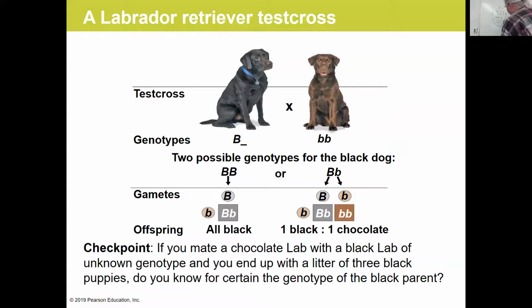If this was big B over here, like to the left on the PowerPoint, then there'd be no chance whatsoever of getting a chocolate lab. They would all be black because they'd all be heterozygous, you see.